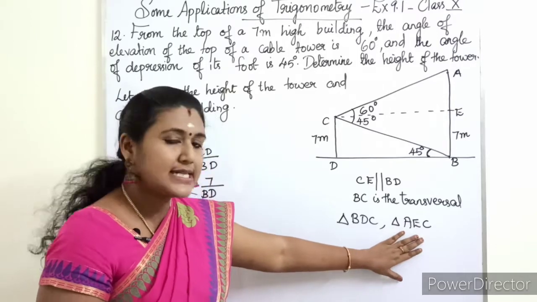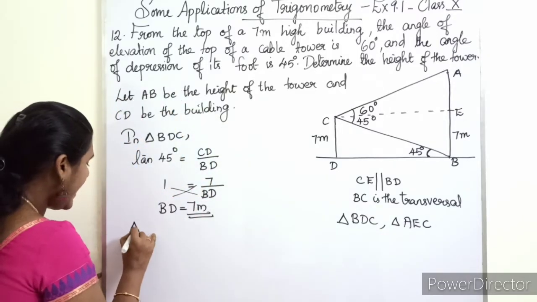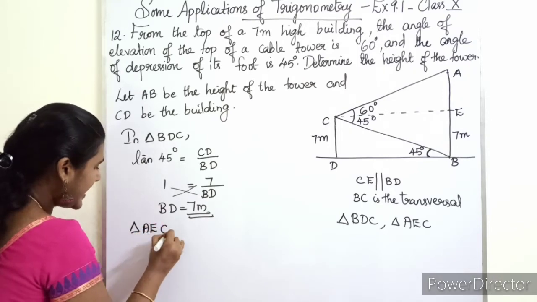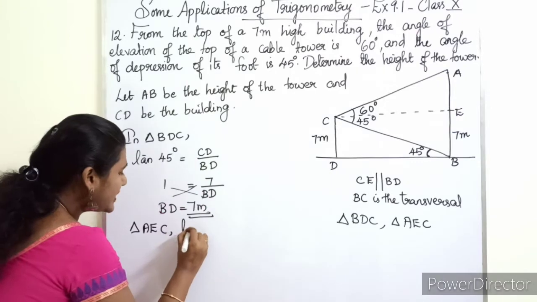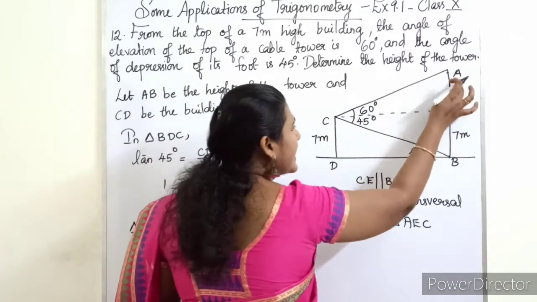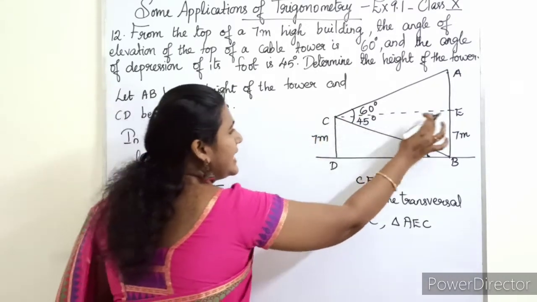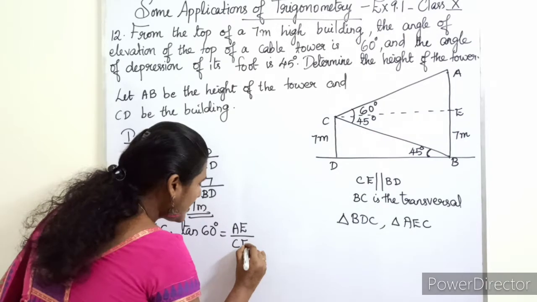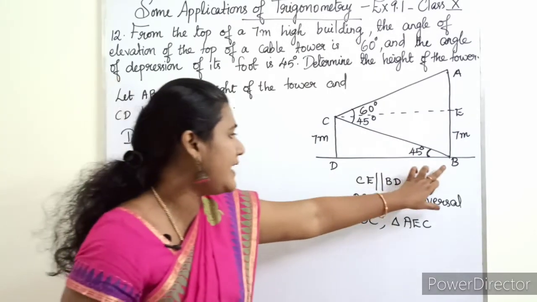Now we will consider the second right angled triangle, that is, triangle AEC. In triangle AEC, again we will use the tan ratio. tan 60 degrees is equal to, what is the opposite side here? AE. So AE by CE. Now what is CE? We already got the BD value.